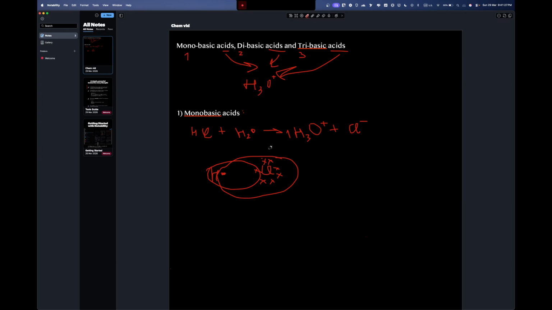Now, what the H2O does is that it kind of plays a tug of war game with chlorine, right, to seize hydrogen. H2O wants desperately to form H3O+ because of the same thing which I said. A polar covalent compound will always try to dissolve another polar covalent compound unless it's an exception.